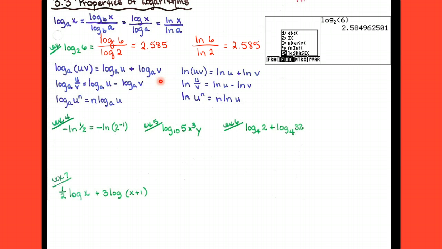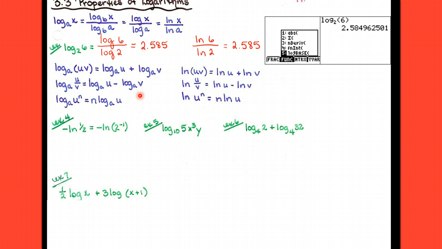I also can go the opposite way with that, where if I have two logs that are being added and their bases are the same, then I can combine that into one single logarithm where those values are being multiplied. All right, look at the next one. If I have the log base a of u divided by v, that's the log base a of u minus the log base a of v.